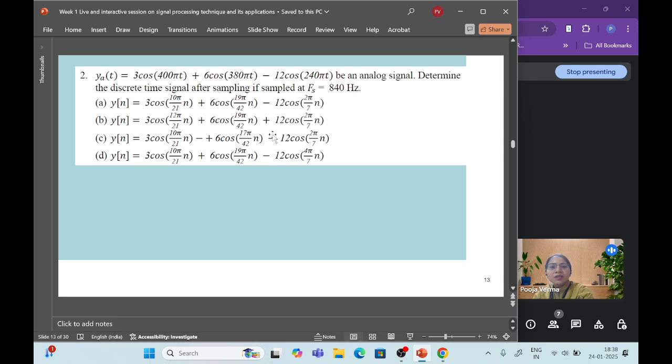The analog signal is given. We need to find out the discrete time signal. How we can convert it? Anyone? You guys want to try? Please try this question.